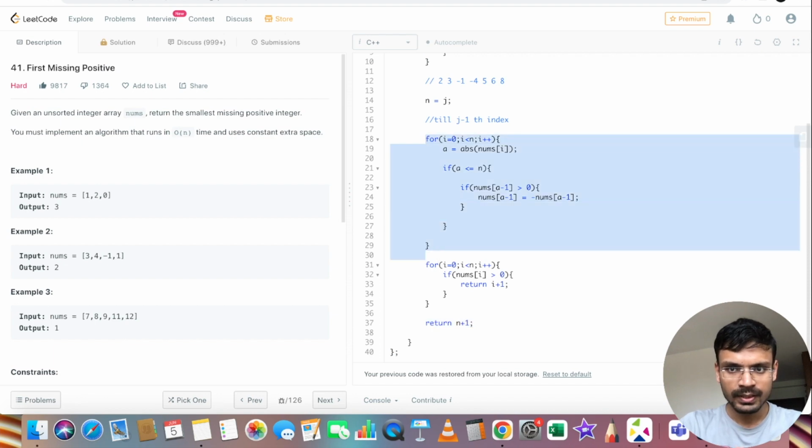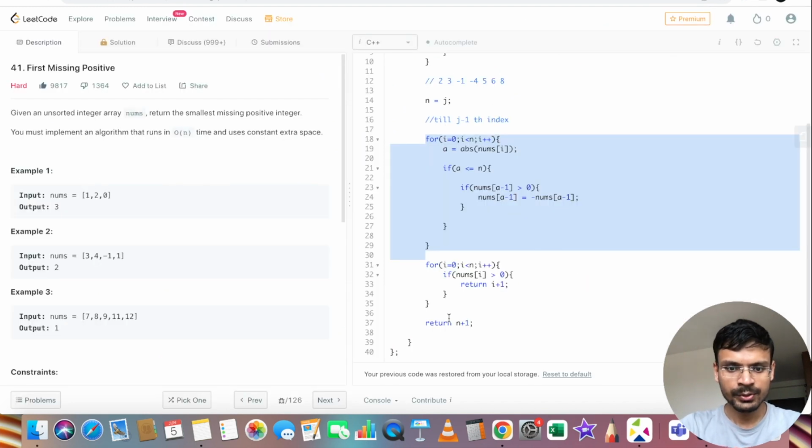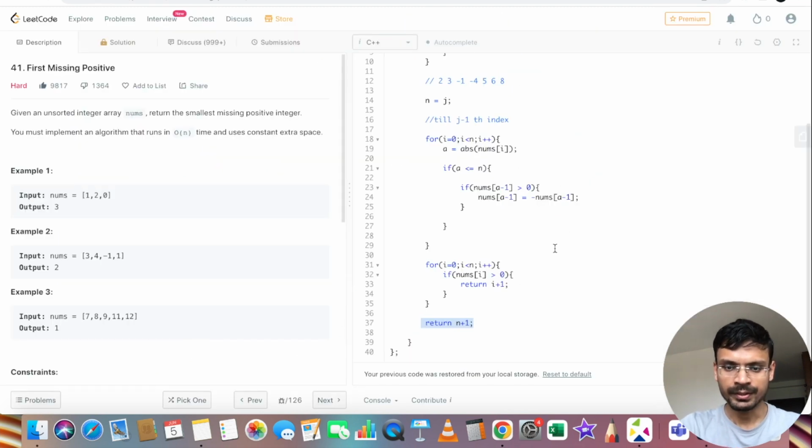When I'm doing a secondary pass over this input array, I could not find any positive value. In those cases I just need to return n plus 1. n is the length of the array, which here is 5, so 5 plus 1 would be 6. That's what I'm doing over here, just to handle one of the edge cases.